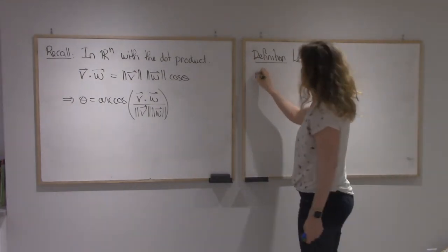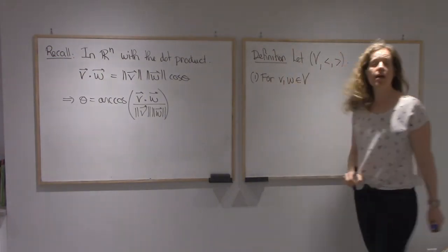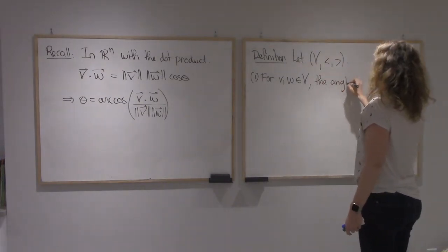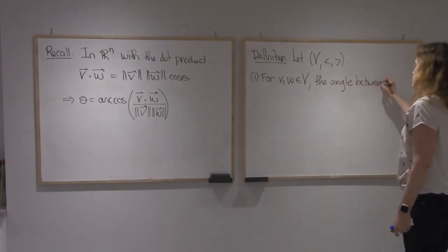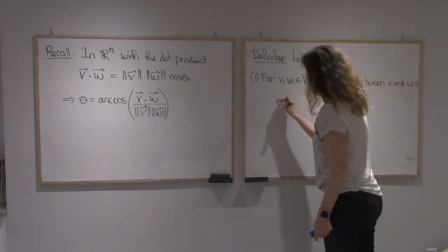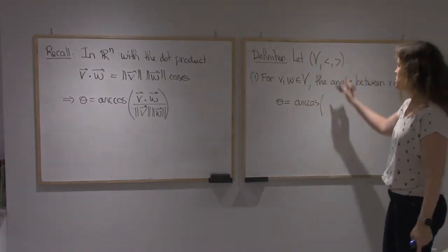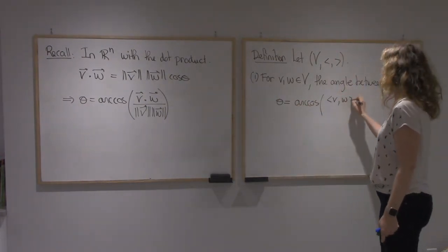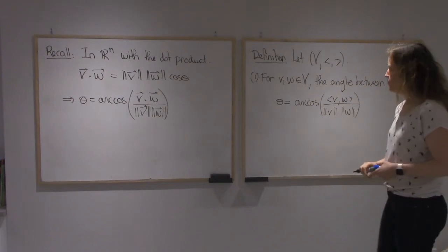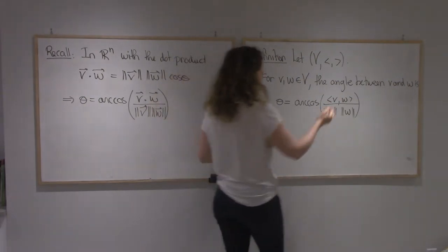I'm going to define the angle between any two elements of V. It's going to be the same exact formula, except that instead of the dot product, I'm going to use this inner product, ⟨v, w⟩, over the lengths.